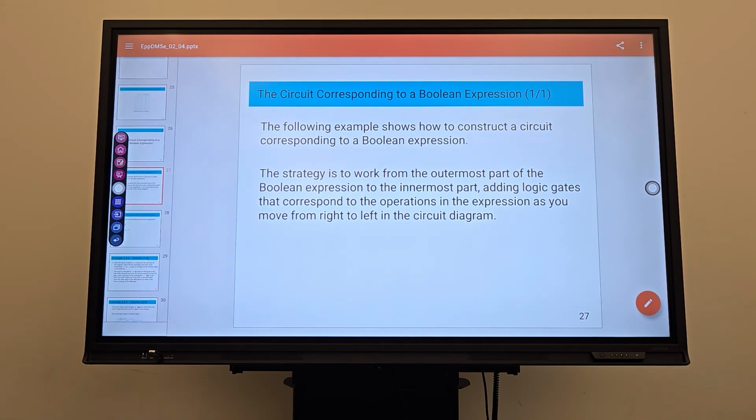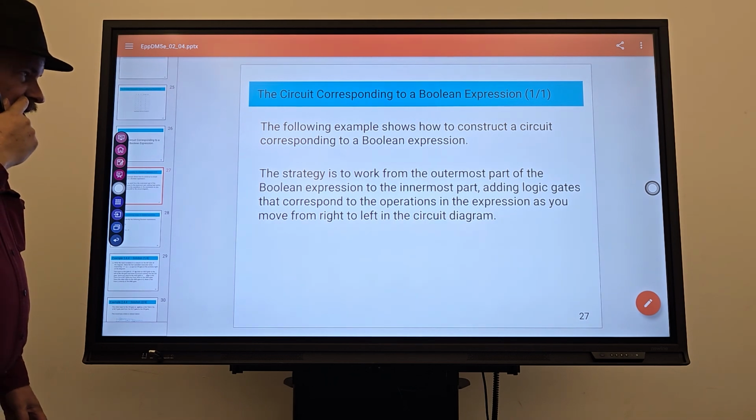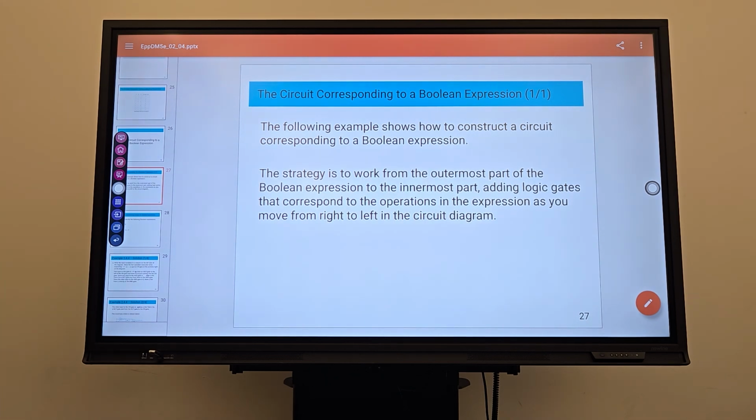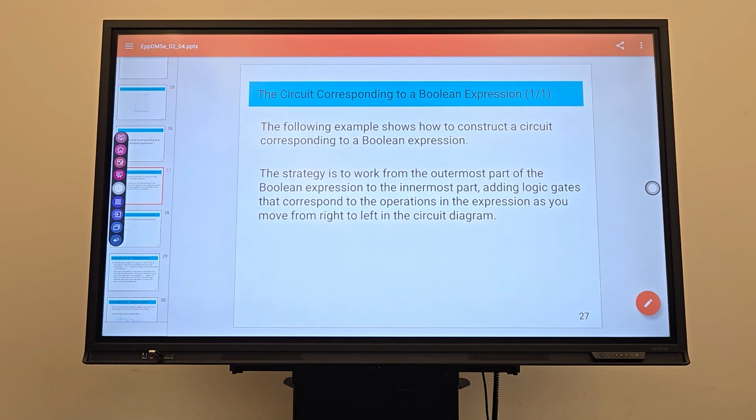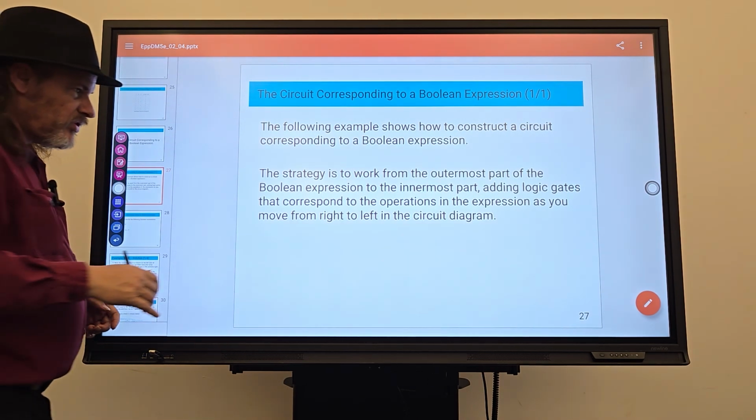So constructing a circuit from a Boolean expression is done right to left instead of left to right. And you work from the outermost operation to the innermost when it comes to parentheses.